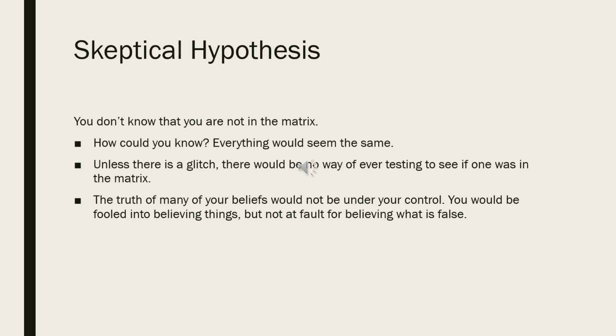But none of that would be your fault. These beliefs that you would have been fooled into having would have been someone else's fault, or they wouldn't have been the kinds of things that you would believe had you actually been presented with different evidence.